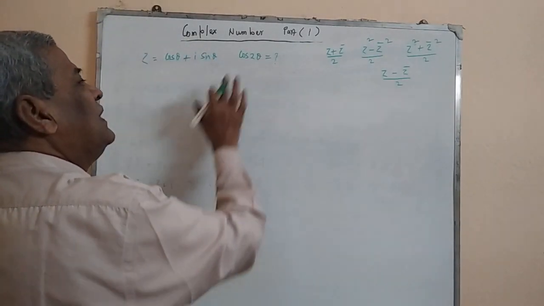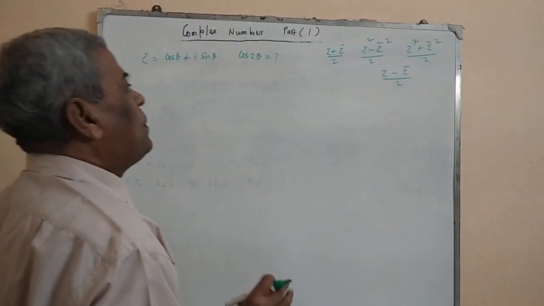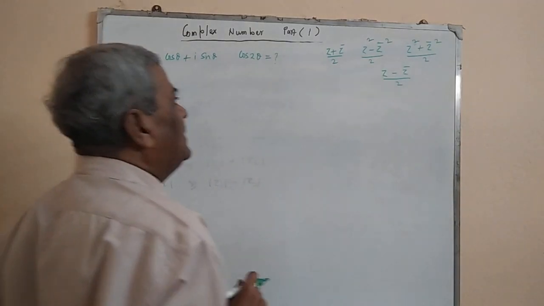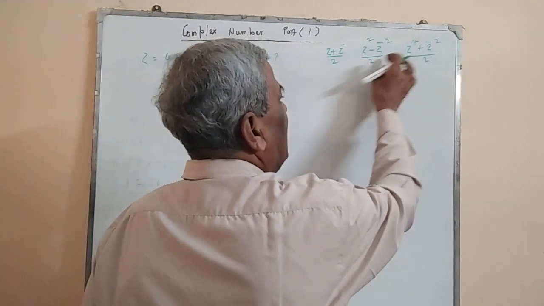Z is given as cos theta plus i sin theta, then cos 2 theta is equal to either this or that and so on.